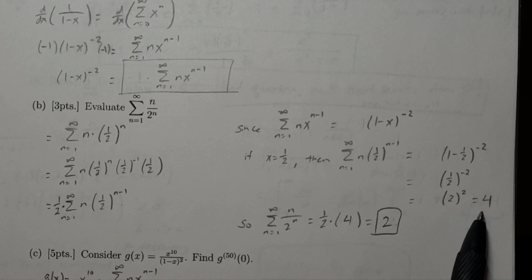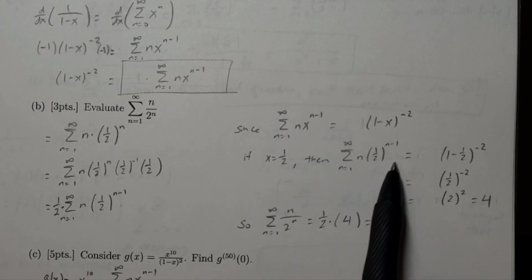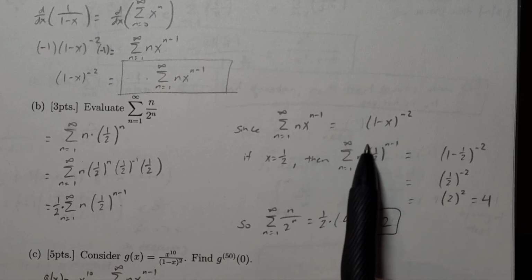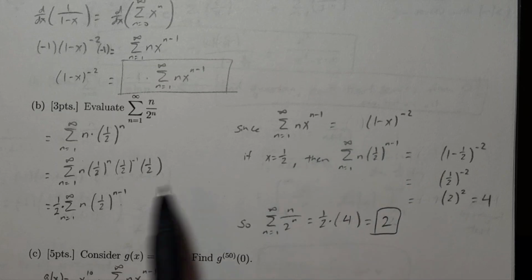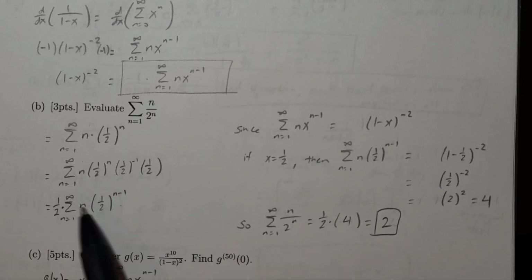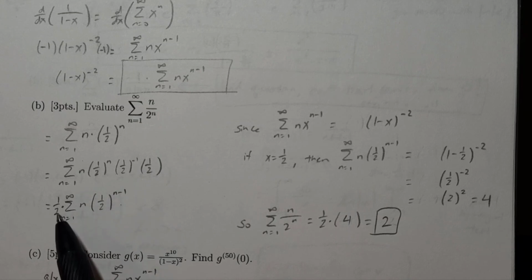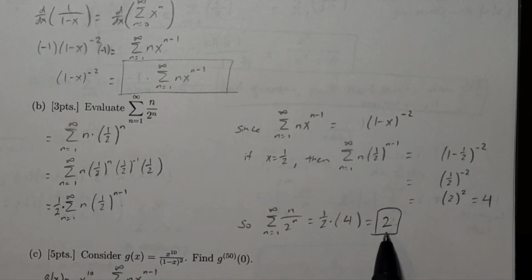So this sum is equal to 4. This guy, which is this, is half times this, which we just said is 4. So half times 4 is 2. This is putting all the pieces together.